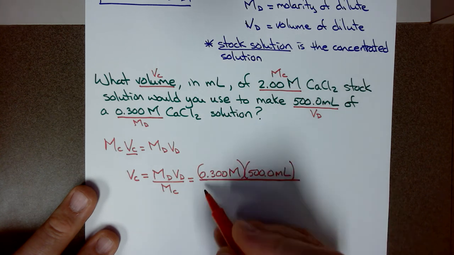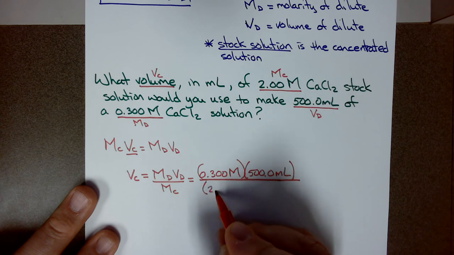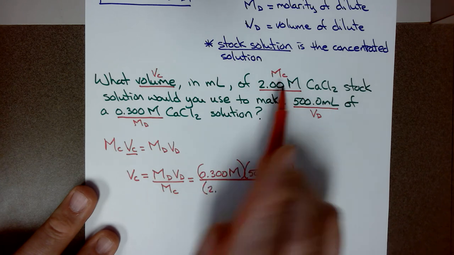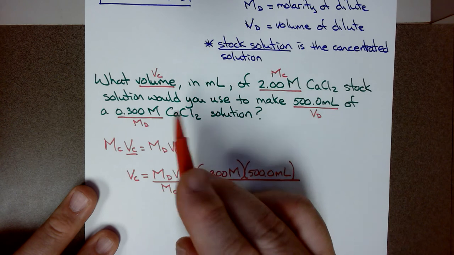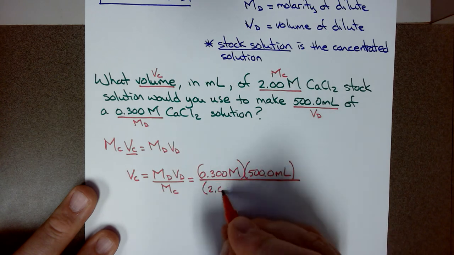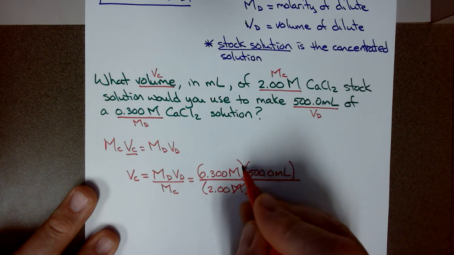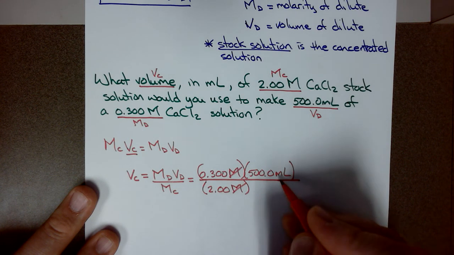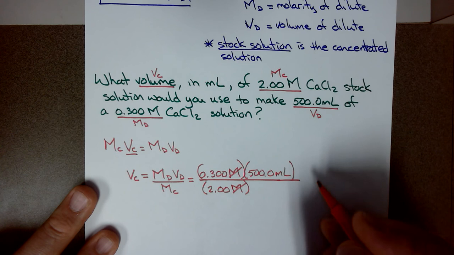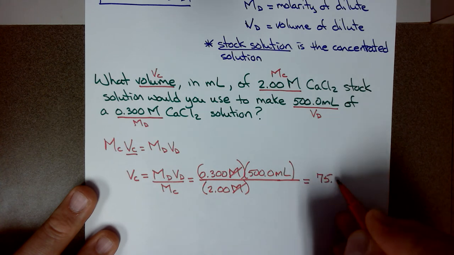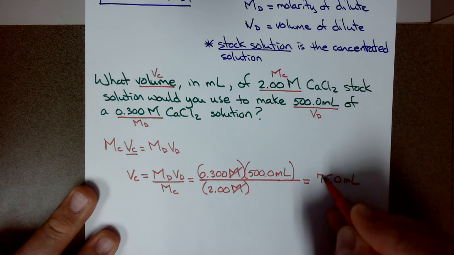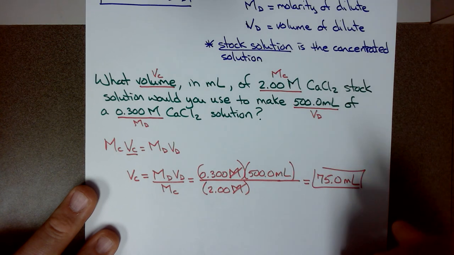The other reason is that molarity is used in both places, so I take care of the unit of liters with molarity. So molarity cancels, I'm left with milliliters, and this answer comes out to be 75.0 milliliters.